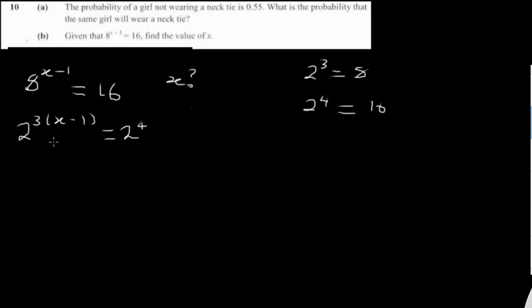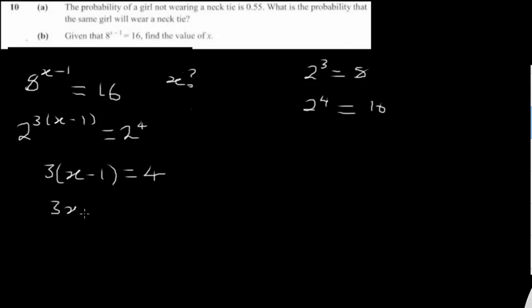Once you notice that you have the same bases on both sides of the equal sign, you can forget about the bases and concentrate on the powers. So concentrate on 3(x minus 1) and 4. So we'd have 3(x minus 1) equals 4, right?